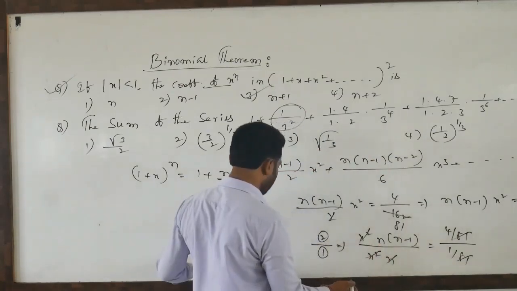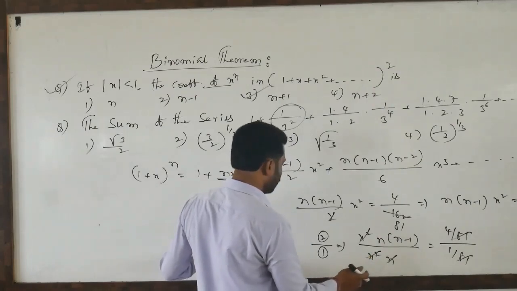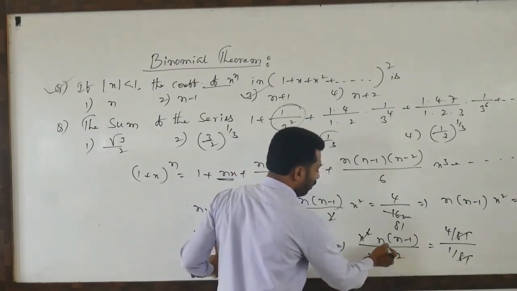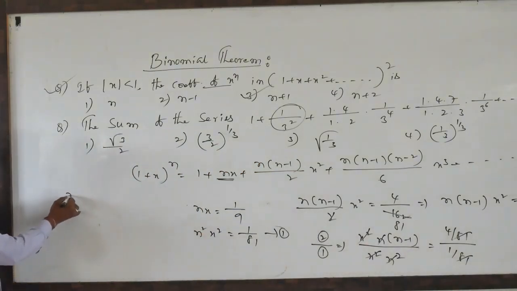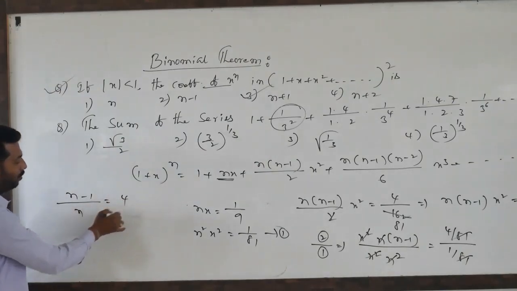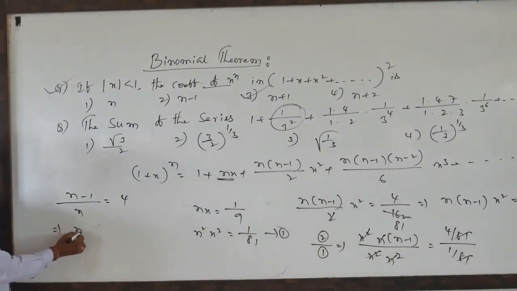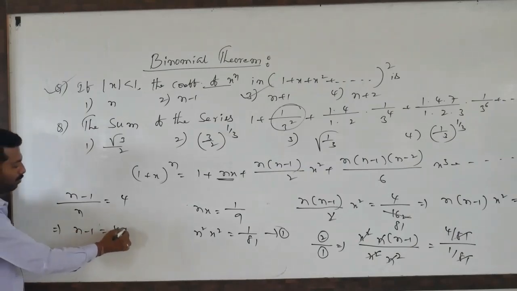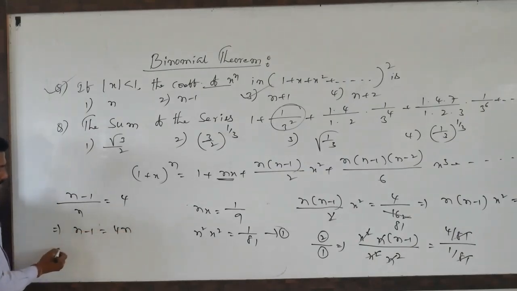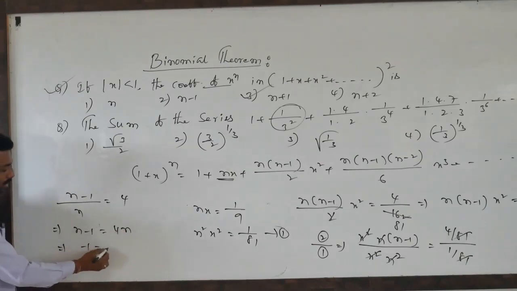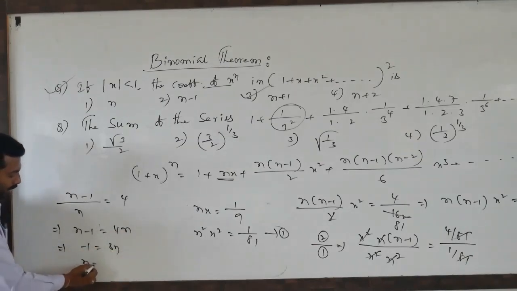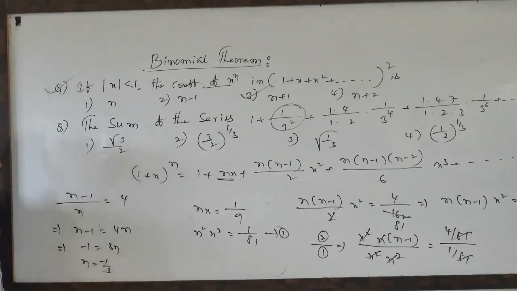This is n square only, no? So this is x square n square, 1 n cancel. So finally, numerator n minus 1, denominator 1 more n, right side 4. So this is n minus 1 equal to 4n. From this, if you take 4n to that side, minus 1 equals 3n, n equals minus 1 by 3.